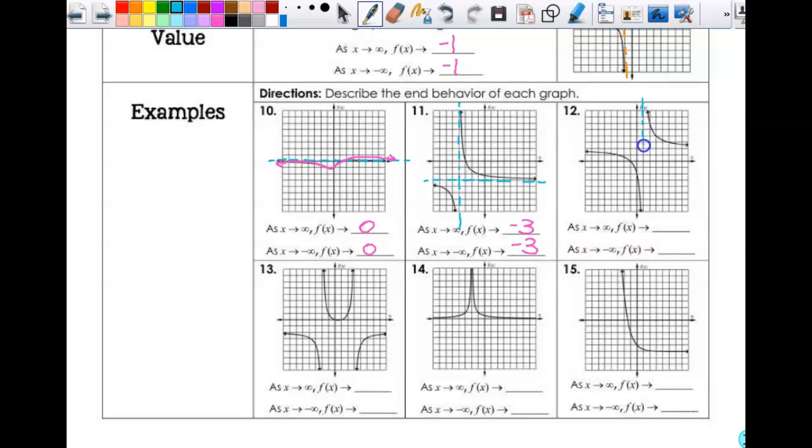Then on 12, I have an asymptote here and here. So y'all fill those two in.